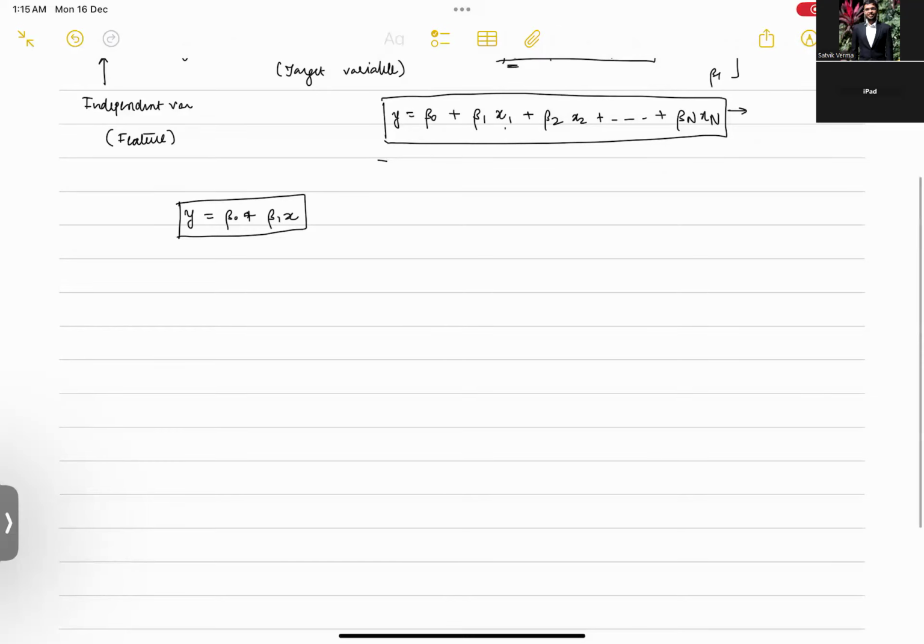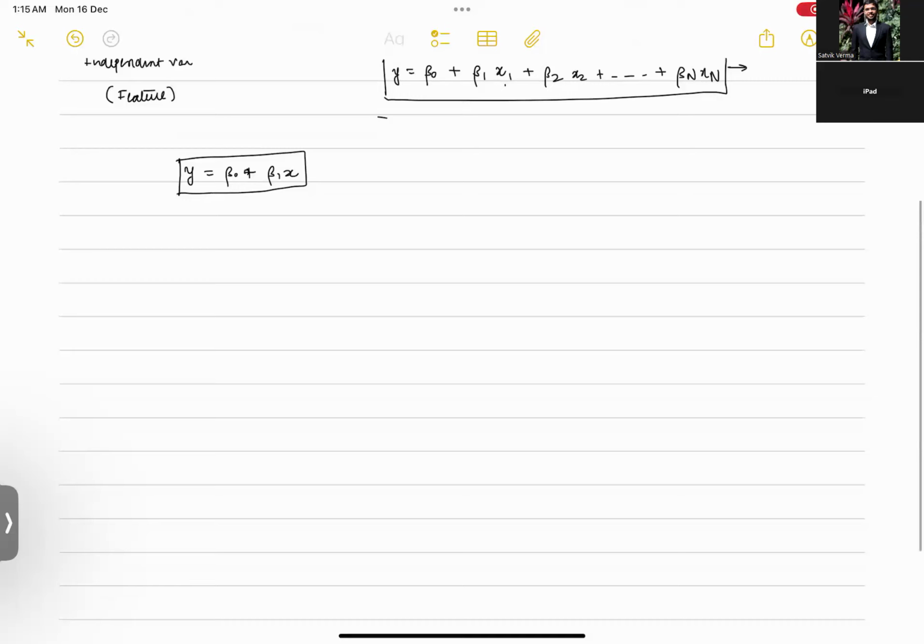So let's say we have a given data point xi comma yi. This is a data point that we have. Now at this value of xi, we'll also have a predicted value of y using this model, right?